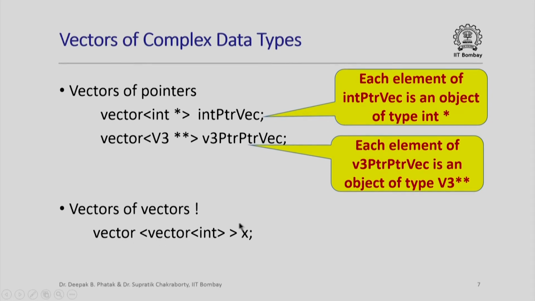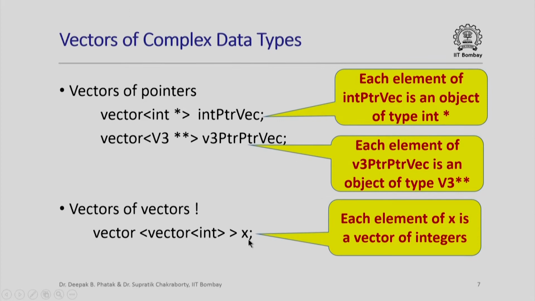So, here I am saying that x is an object which is a vector, and each element of that vector is going to be an object of this class. And what is the object of this class? This is basically a vector of integers. So, here I have basically defined a vector of vectors, once again making use of the template in the definition of the class vector. So, as I just said, each element of x is going to be a vector of integers.